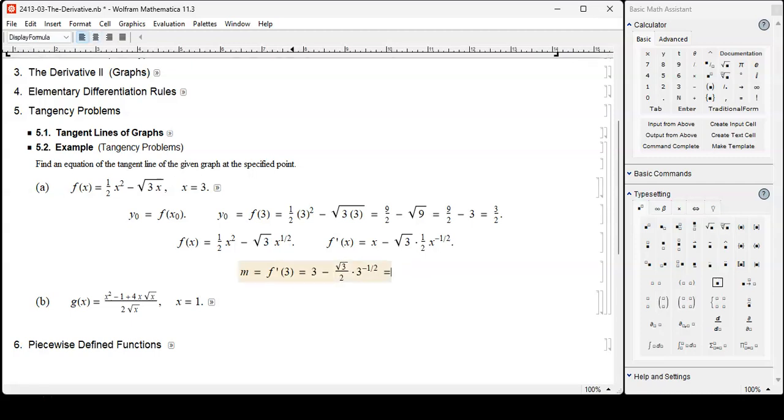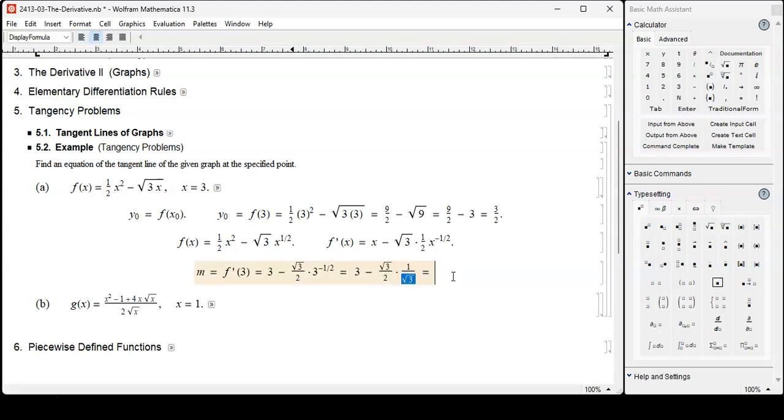Another way to do that is to use this kind of computation. Negative 1/2 power is 1 over 3 to the 1/2 power, and 1/2 power is square root. So that's what you get, and you see a simplification. Square root of 3 here, square root of 3 there, cancel each other out.